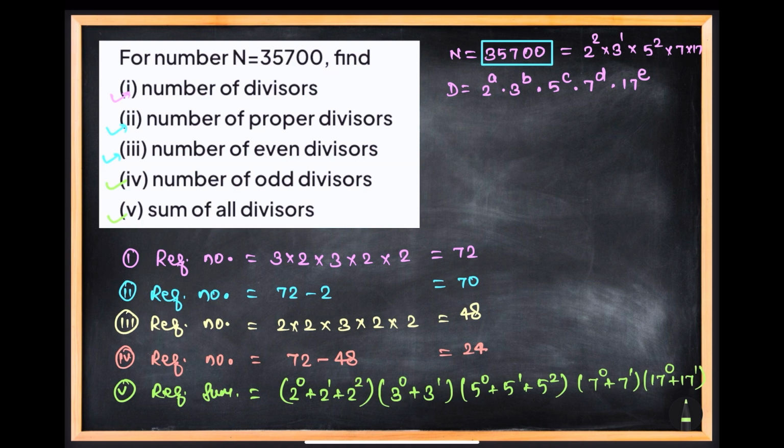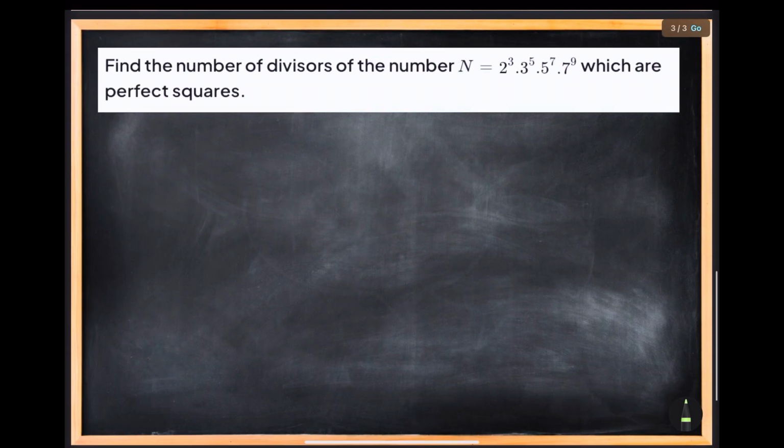Okay, now look at this question. Find the number of divisors which are perfect squares. Perfect square means the powers should be even. Now think about the power of 2.